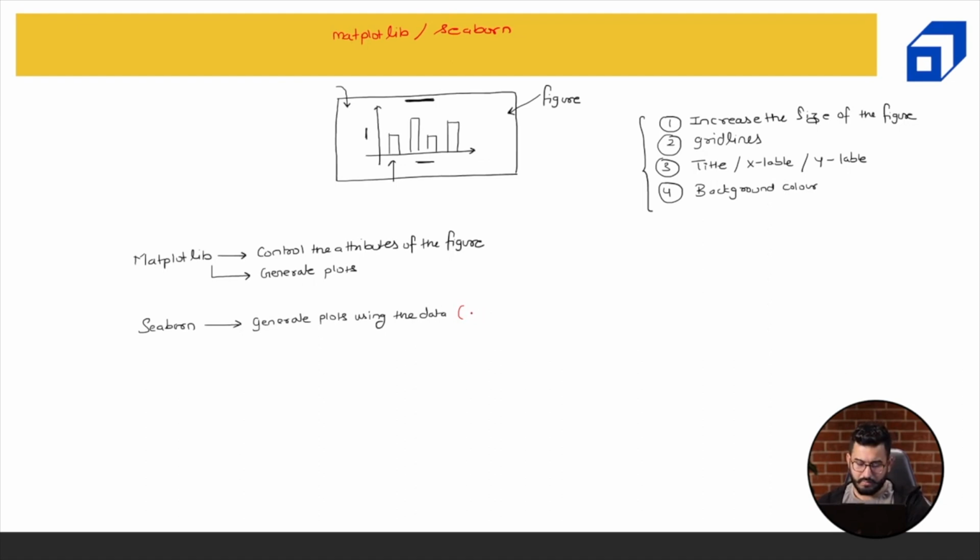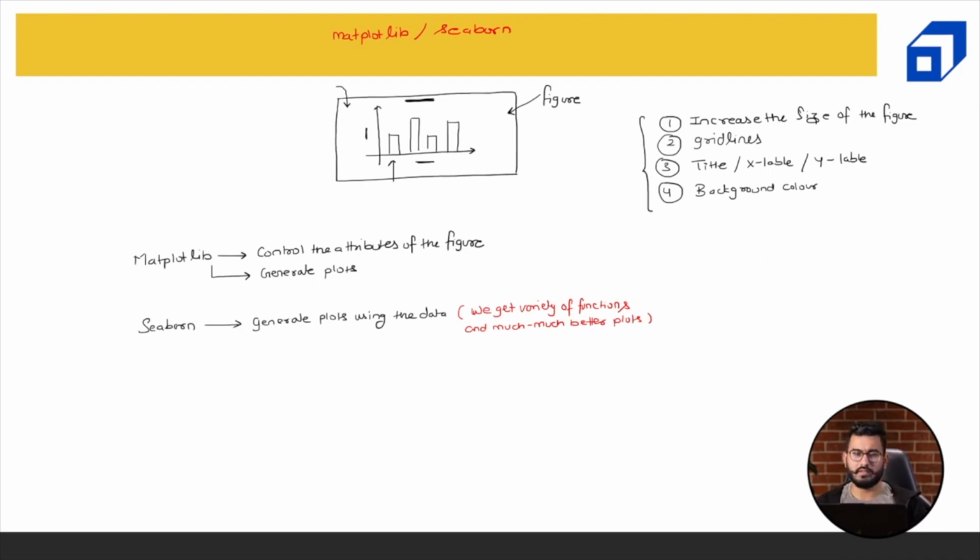So using Seaborn, we get a variety of functions and much better plots. And that is the reason whenever in Python we have the requirement to generate a plot, to plot my data, my first choice would be to use Seaborn.